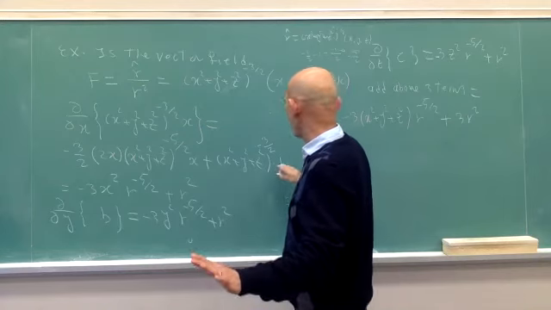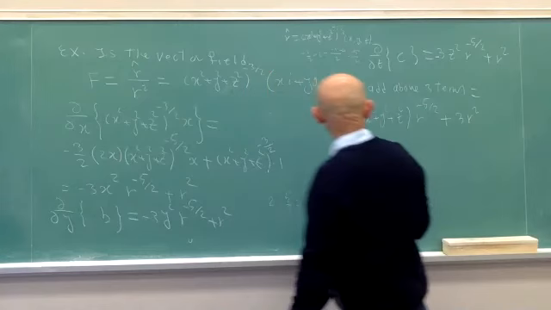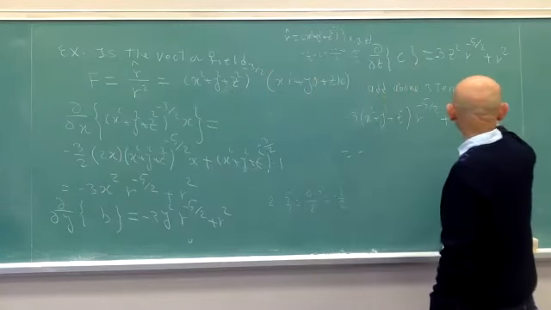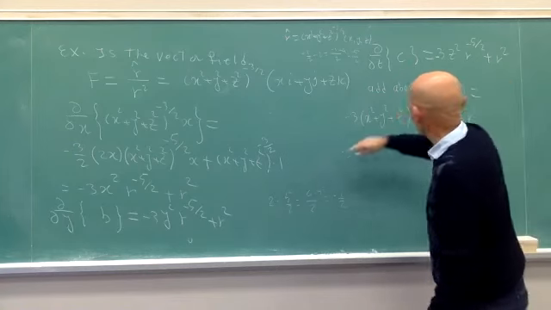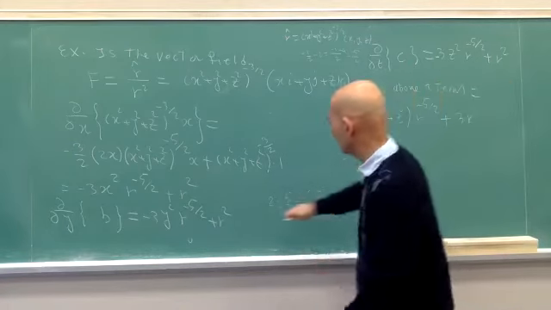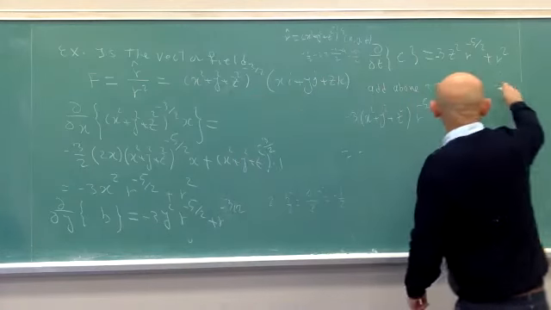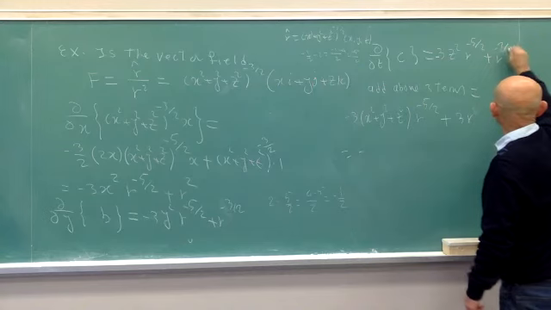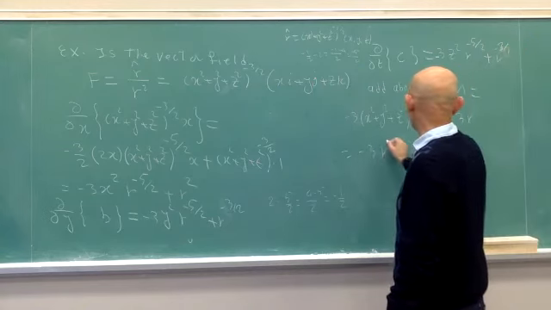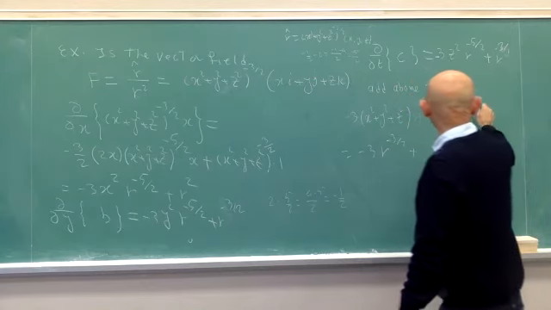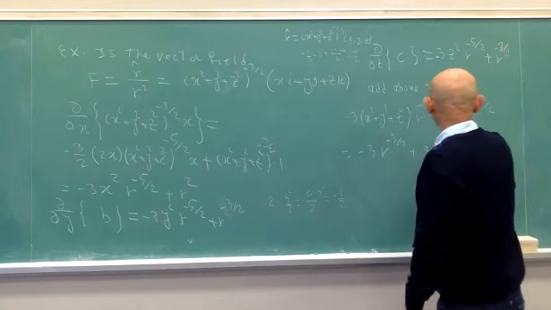Okay, so this is r to the power -3/2. So it's -3 r to the power -3/2 plus 3 r to the power -3/2.